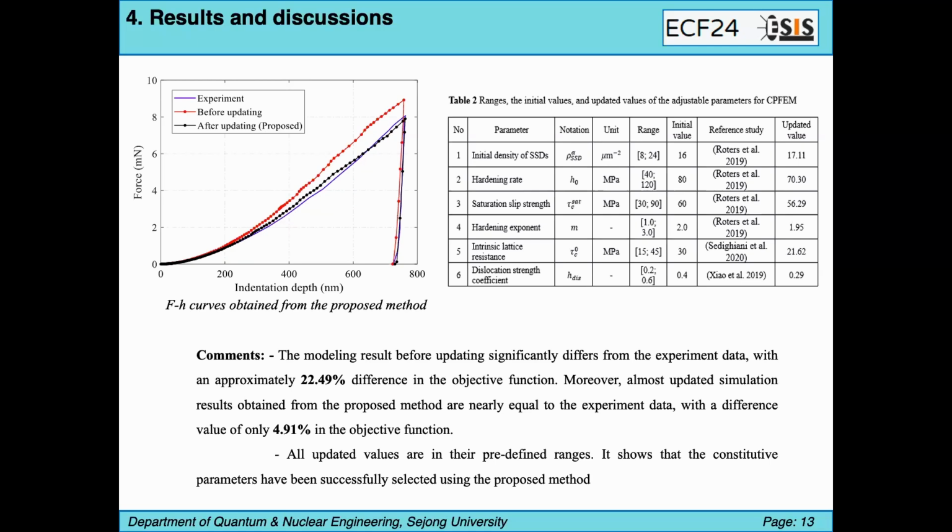After we update the model, you can see we get a better result, with a difference of only around 5%. And you can see in Table 2, all updated values are in their predefined ranges. It shows that the constitutive parameters have been successfully selected using the proposed method.